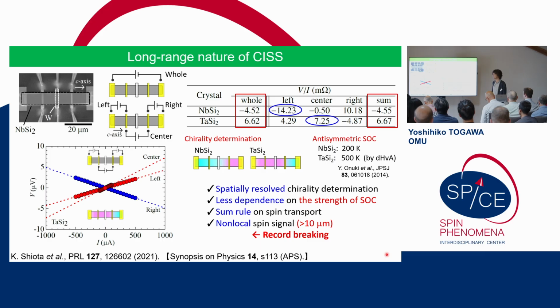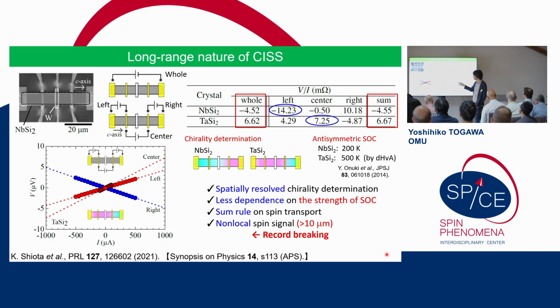Another interesting thing is to check the locational dependence of the signal. Here we apply the current to just the left part of the sample, the right part, or just the center part. Even in those cases, we can have a signal. Again, we can evaluate the handedness of each location by using the electromagnetic chiral effect.